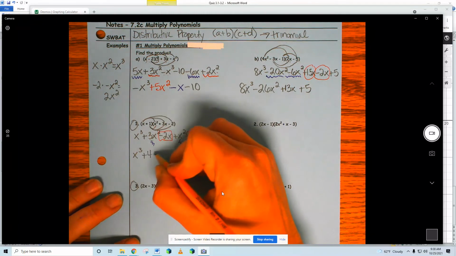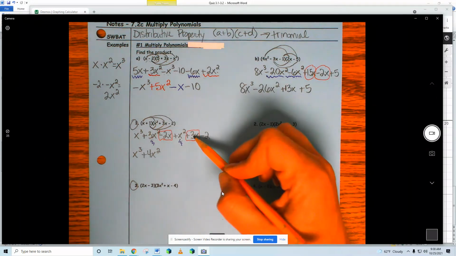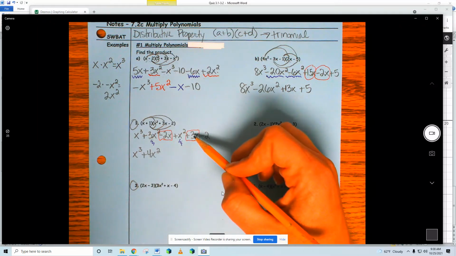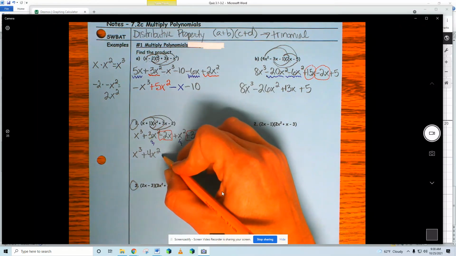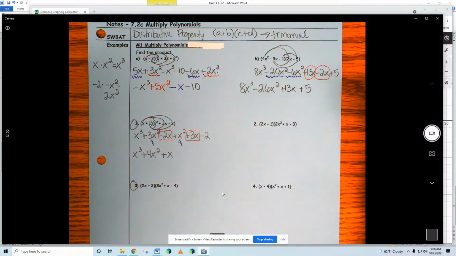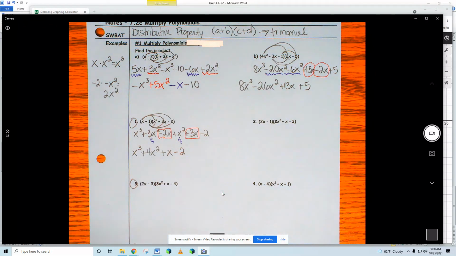Plus 4x squared. My red. Negative 2 plus 3. Just 1, right? 1x. I'm not going to put a 1 in front of it. I don't need to do that. Lastly, yeah. What about the negative 2? Oh, right. And we're done. Good.